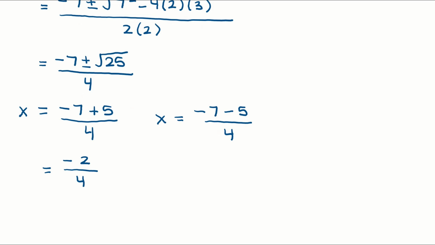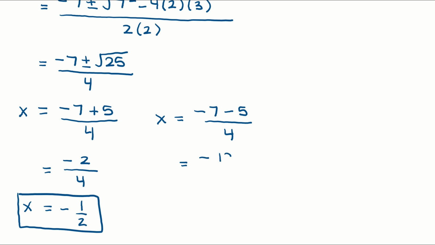So negative 2 over 4, or negative 1/2, is one solution. Our second solution will be equal to negative 7 minus 5, which is negative 12 over 4, which ends up being negative 3. So those are our two solutions in this case.